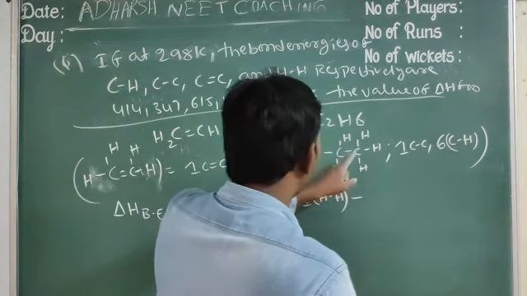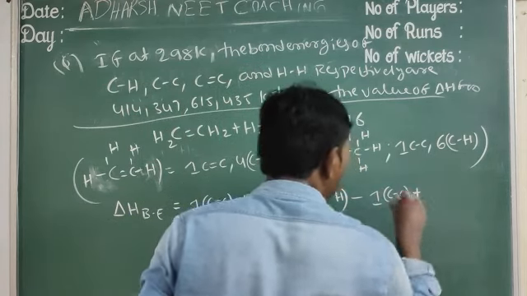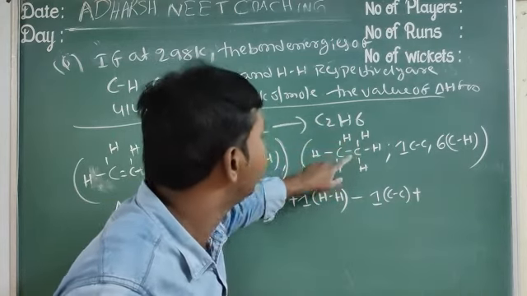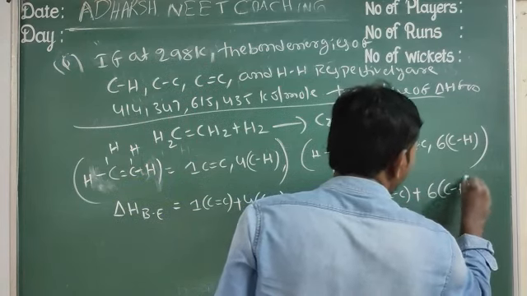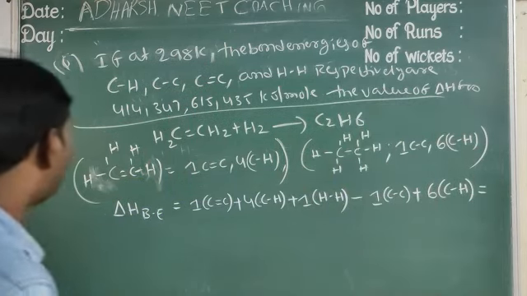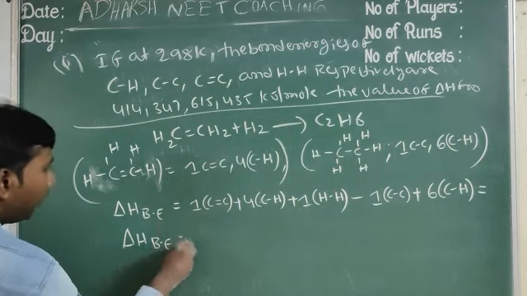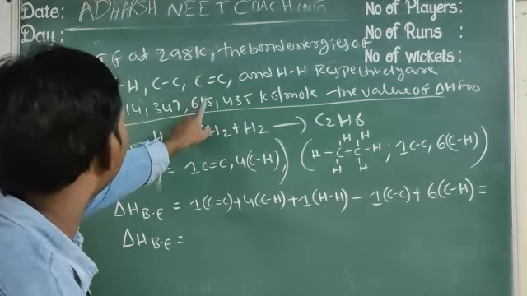C single bond C, how many are there? One. One C single bond C, plus C–H bonds, how many? Six. Six C–H bonds. Now substitute the values. Del H of bond energy equals the C double bond C value, how much? 615.